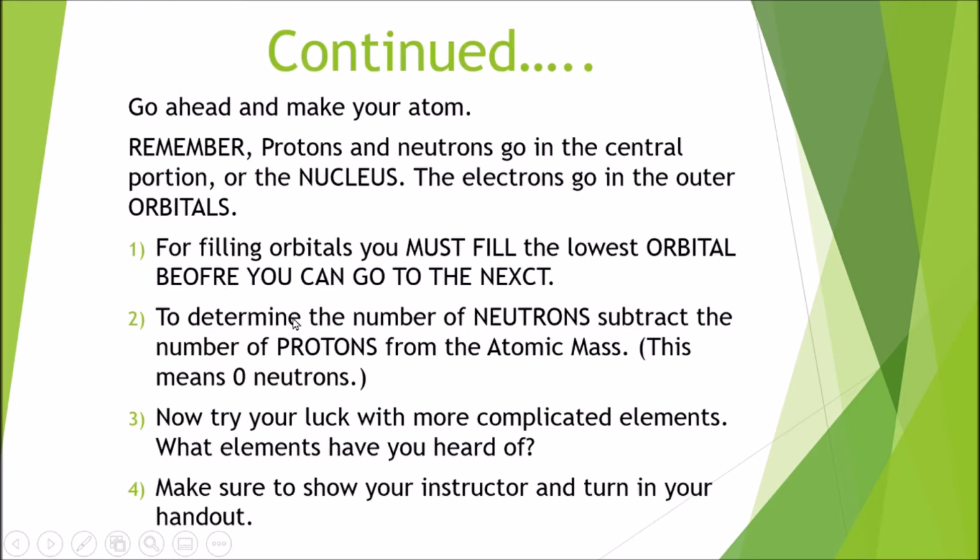You need to remember, if you need to determine the number of neutrons in an atom, all you have to do is subtract the number of protons in that atom from the atomic mass. And this is all the information that you need. All that information is very accessible on your periodic table. Good luck to you, and make sure to turn in your think sheets and to show your instructor your various atoms.